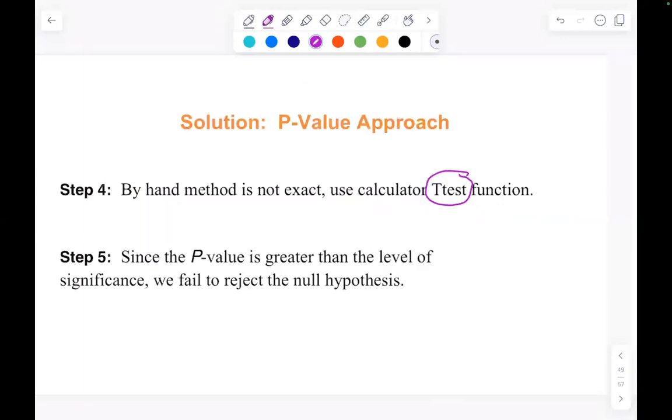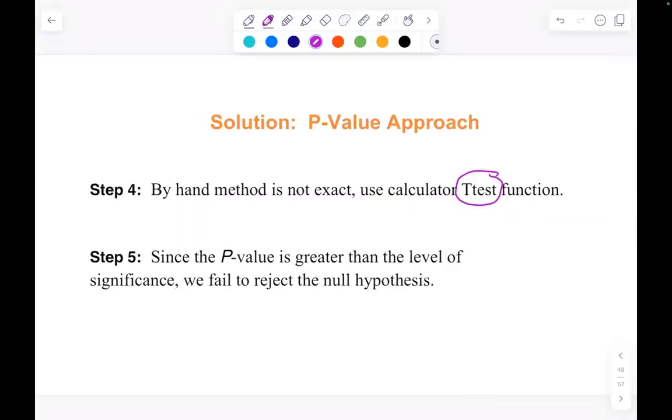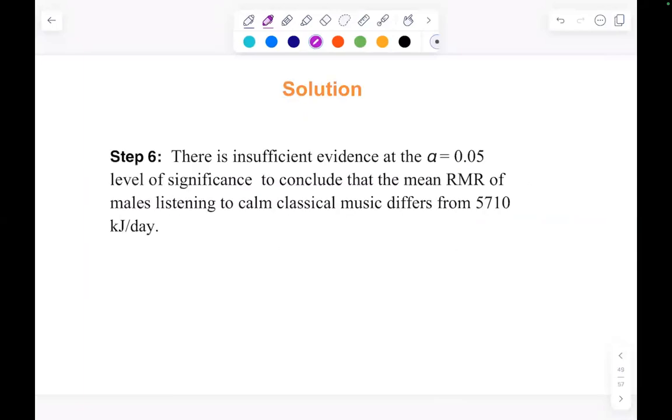I actually am perfectly fine with the step 5 saying that there's insufficient evidence at the alpha equals 0.05 level of significance to conclude that the mean RMR of males listening to classical music differs from 5710 kilojoules a day. You could say not sufficient evidence also. That works just fine. Questions so far?